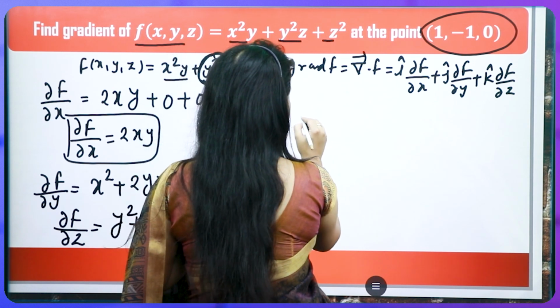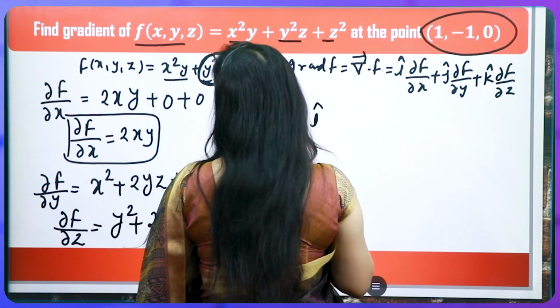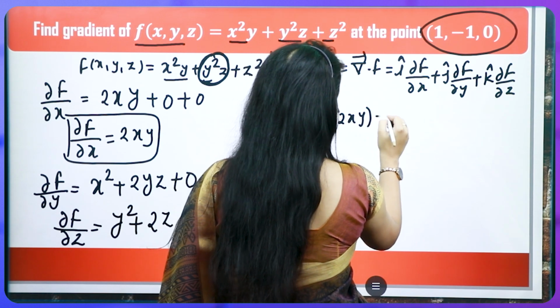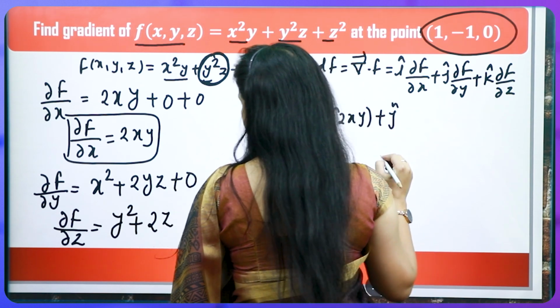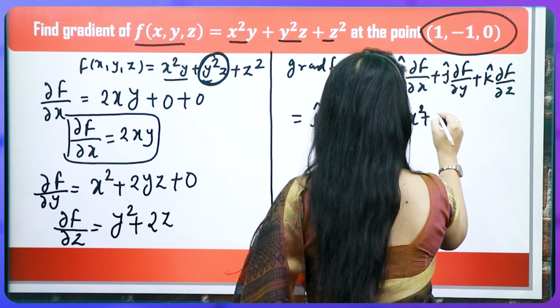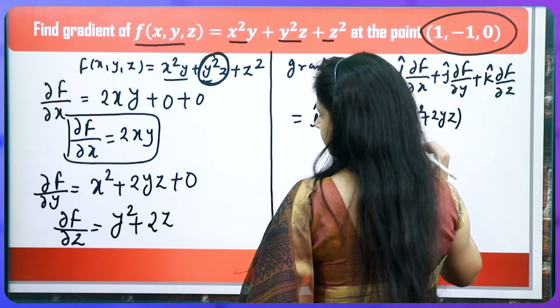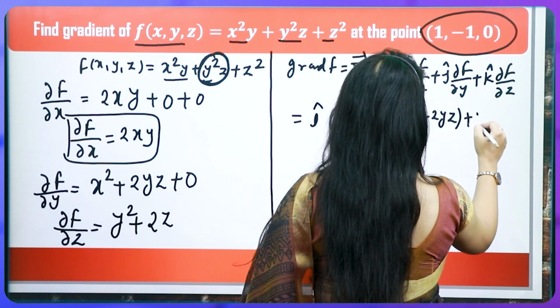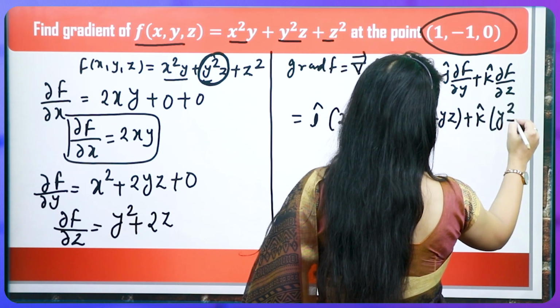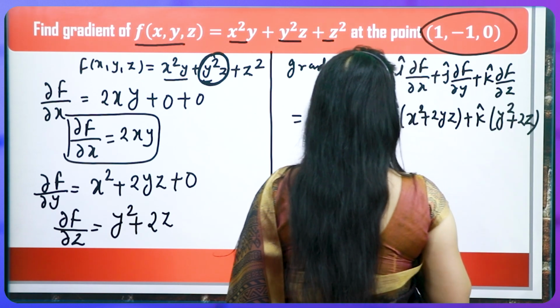Now, on substituting the values, we will get i cap del f by del x is 2xy plus j cap, del f by del y is x square plus 2yz plus k cap del f by del z is y square plus 2z.